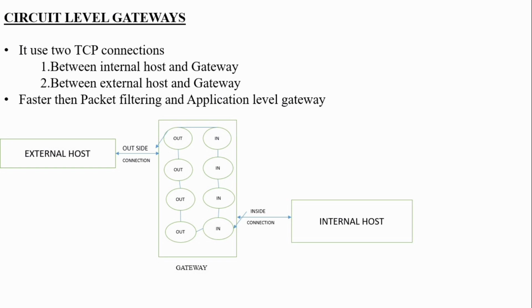The request goes from the internal host to the external host, the response is given, and then it reaches the internal host. The gateway checks the authentication between the external host and the internal host.